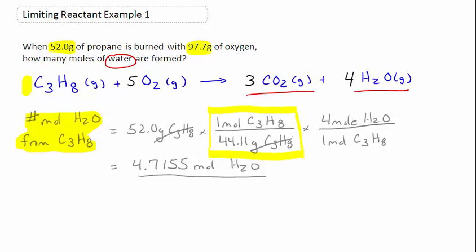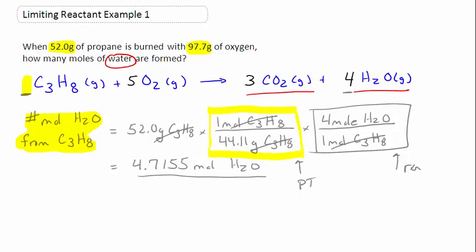And now that I'm at moles of C3H8, I can use the balanced reaction, the 1:4 ratio, to get this next step. So this comes from the reaction, and this comes from the periodic table. And when I'm done, I'm at my goal, which is the number of moles of H2O. That's how much I can make from this reactant.